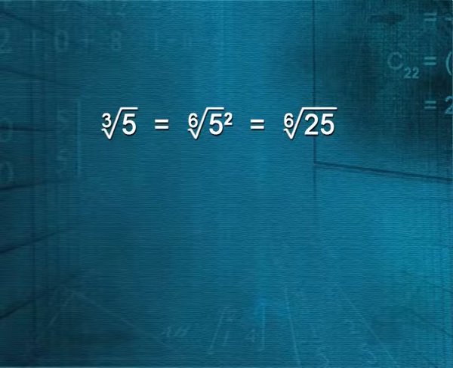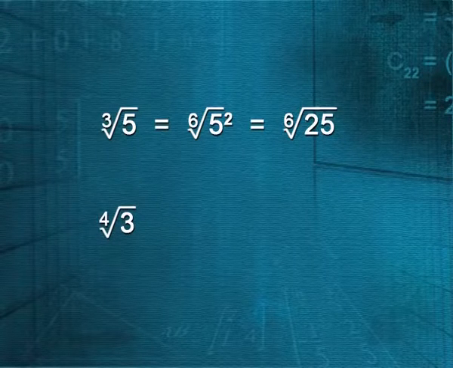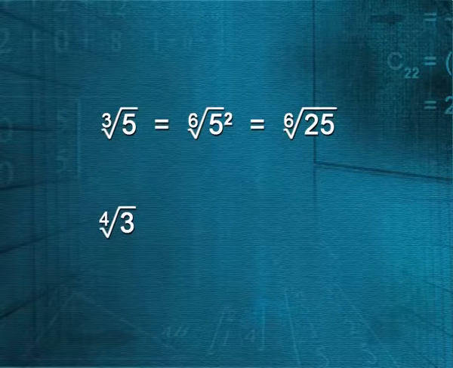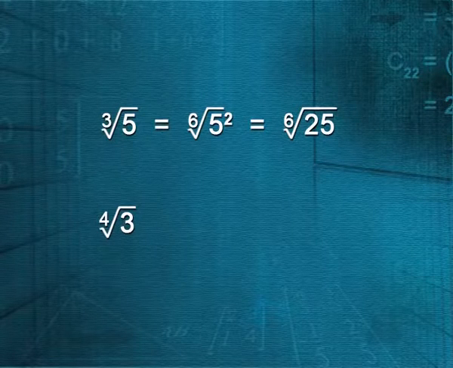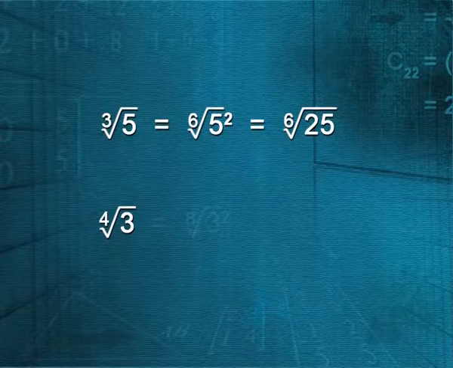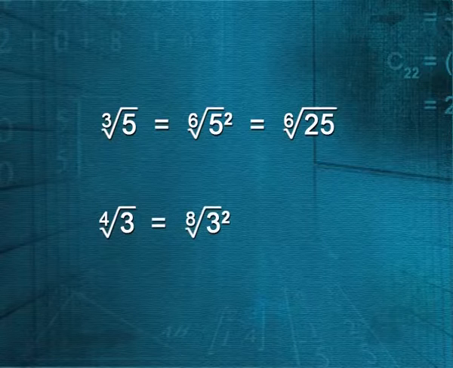Let us see one more example. Fourth root of 3. Here the index of the surd is 4 and the index of the radicand is 1 because the power of 3 is 1. Now, if I want to change the order of the surd, I will multiply the index of the radicand and the index of the surd by the same number. Suppose I multiply 4 by 2 and I get 8th root of 3.